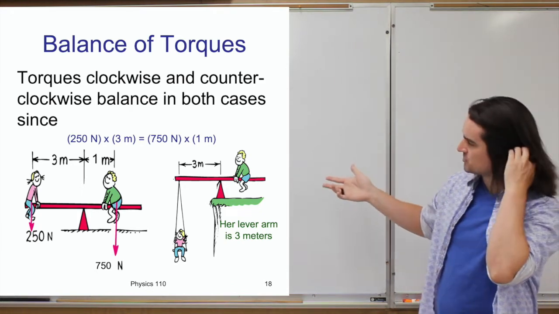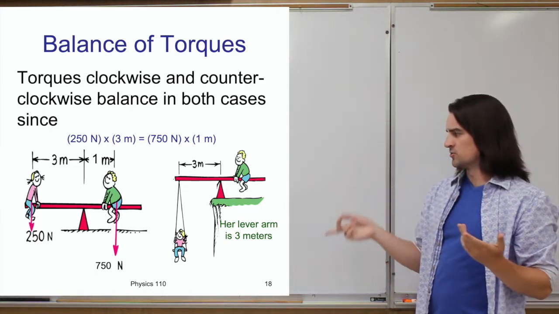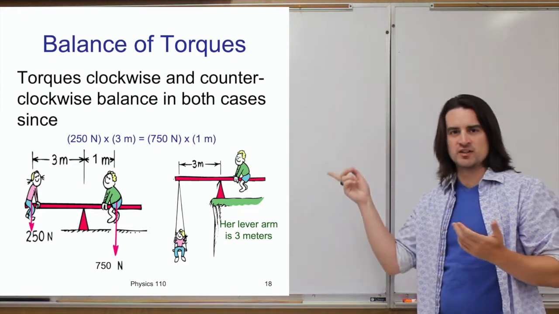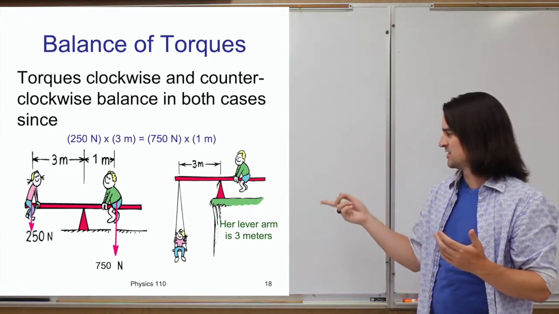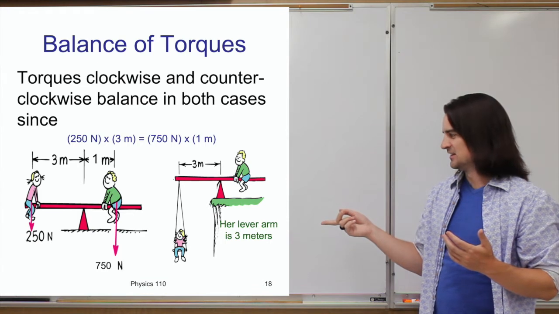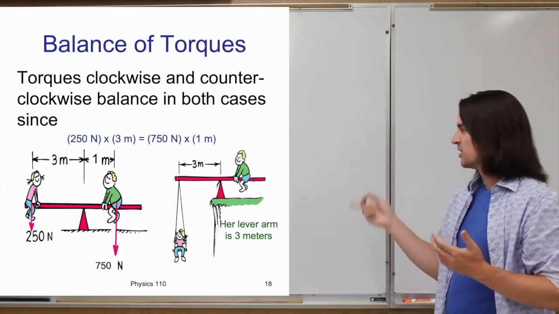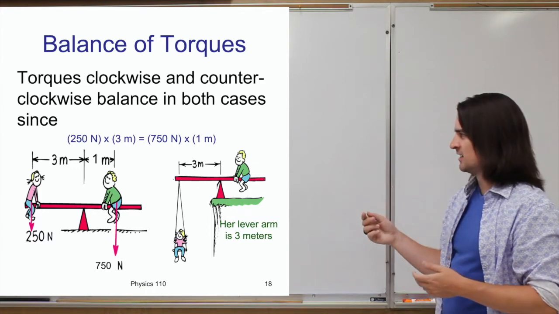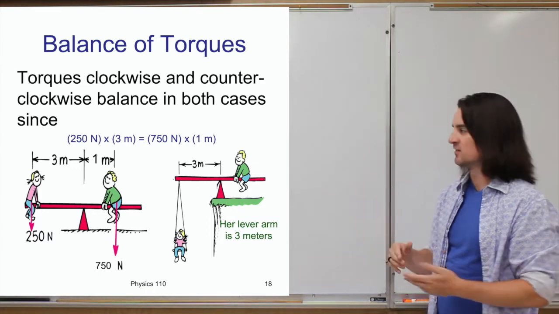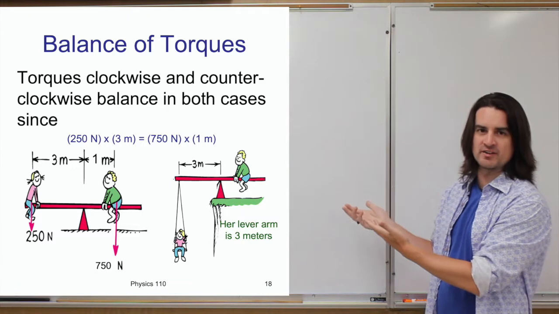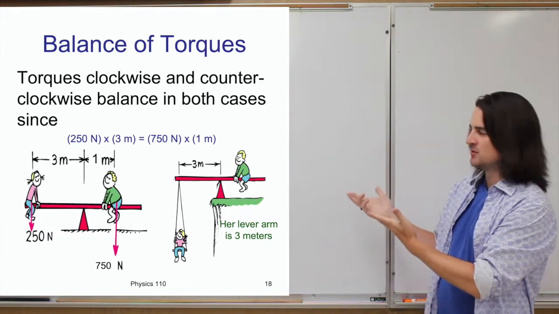And then even in the case if you were to, for some reason, hang the child off of the seesaw on a swing or something like that, which does not look like a safe situation, but if you were to do that and nothing else changed, then it turns out this situation is still balanced. Why?